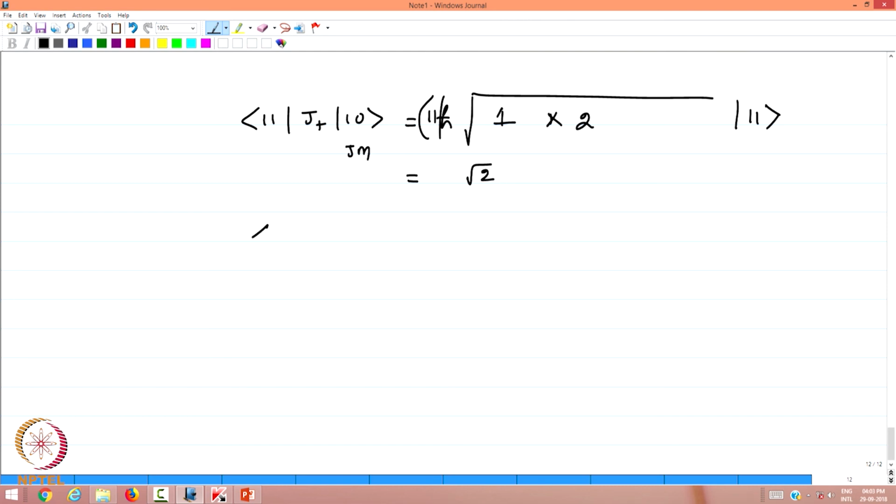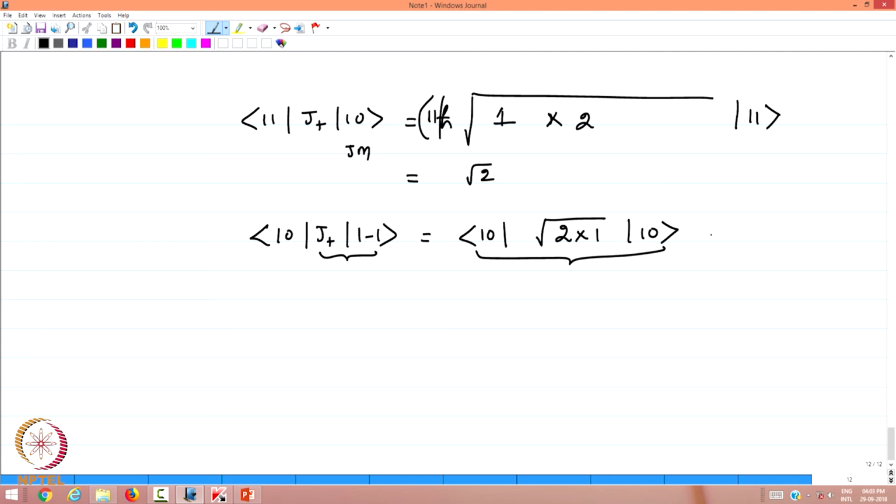Likewise, 1 0 J plus on 1 minus 1 is 1 0, and this action J plus on J minus m will give you square root 2, and J plus m plus 1 is 1, and the state will be 1 0, and therefore, these two normalize each other to give you again a root 2. Therefore, the matrix form of J plus is 0 root 2 0, 0 0 root 2, and 0 0 0.